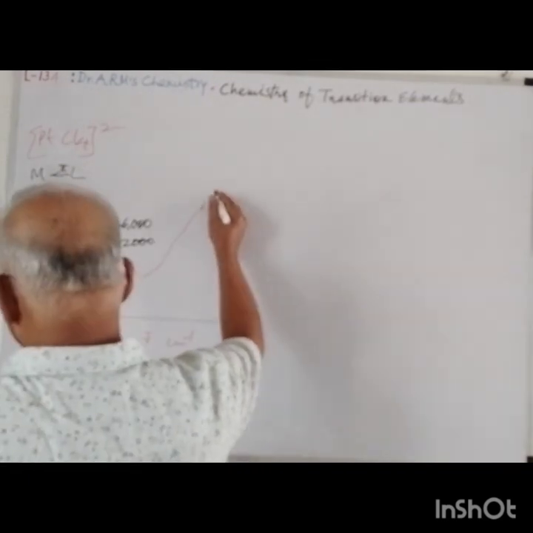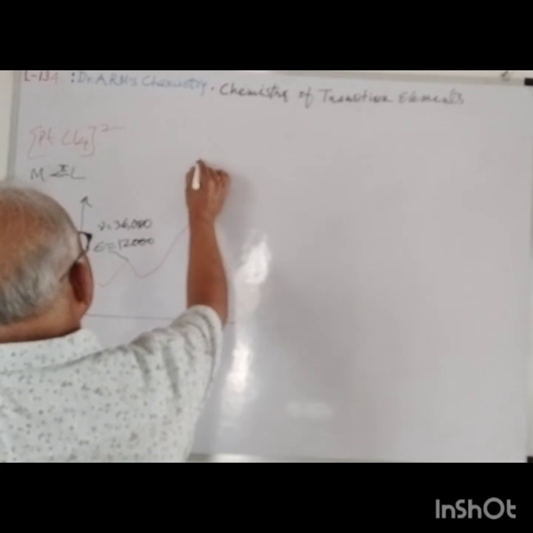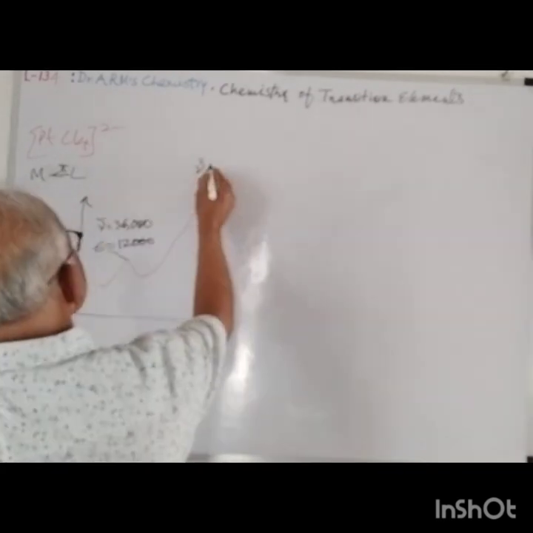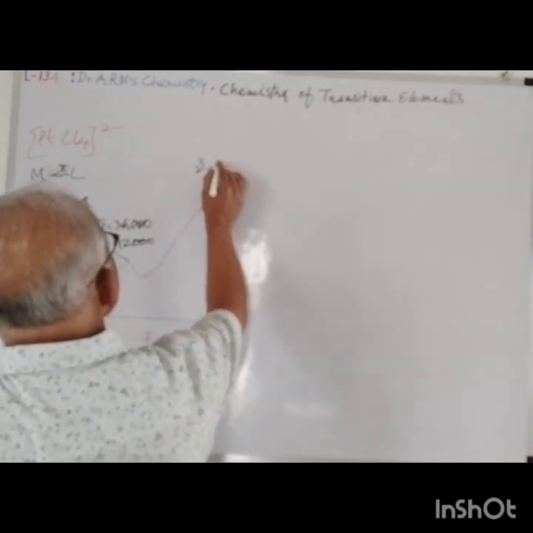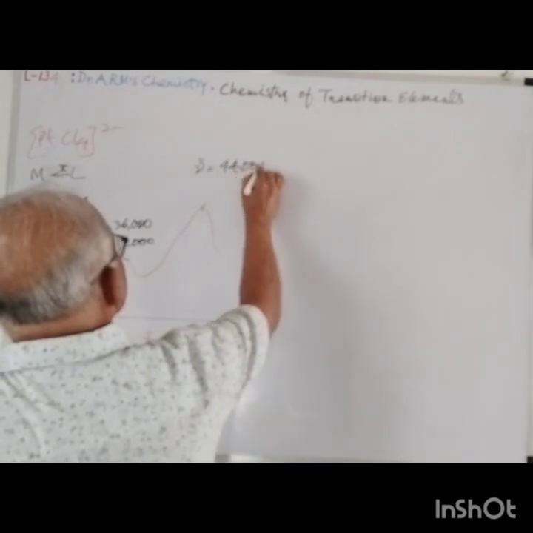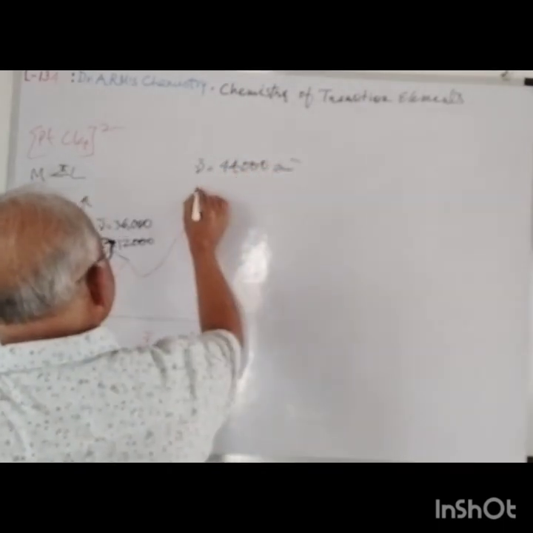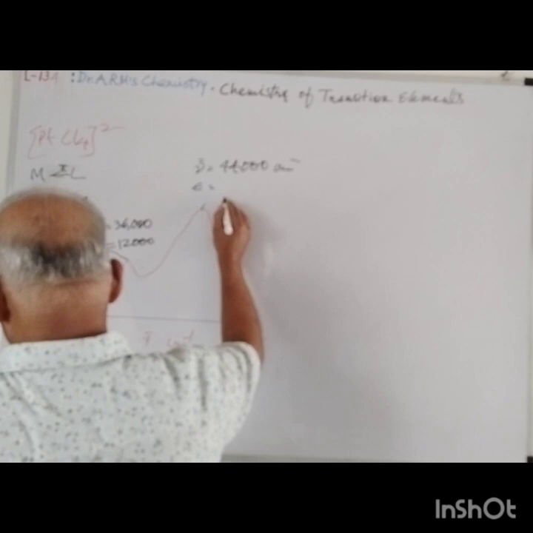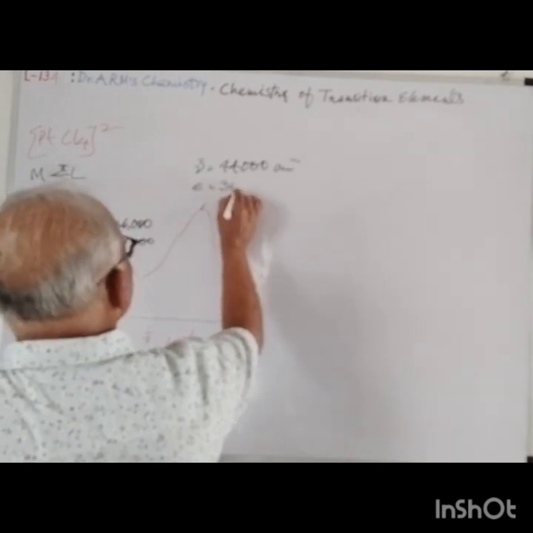Now for this band we will have the frequency nu bar at 44,000 per centimeter and molar absorptivity is 30,000.